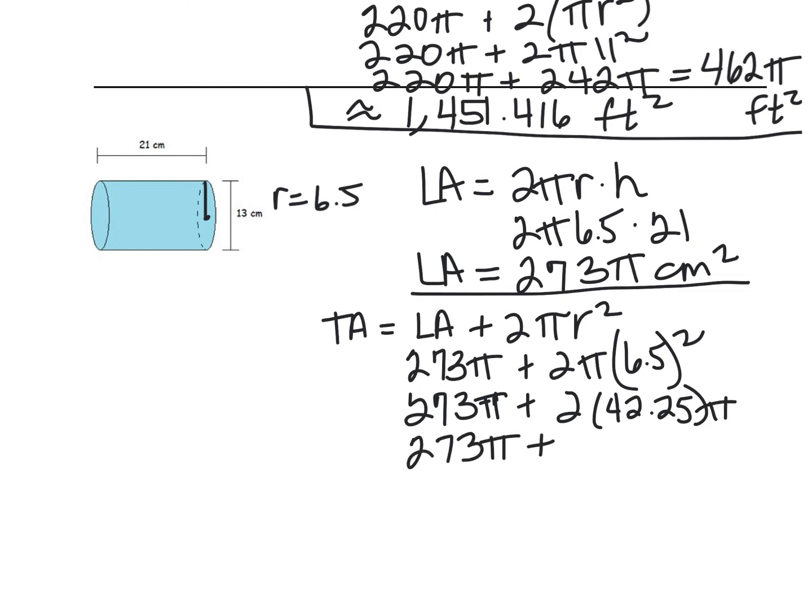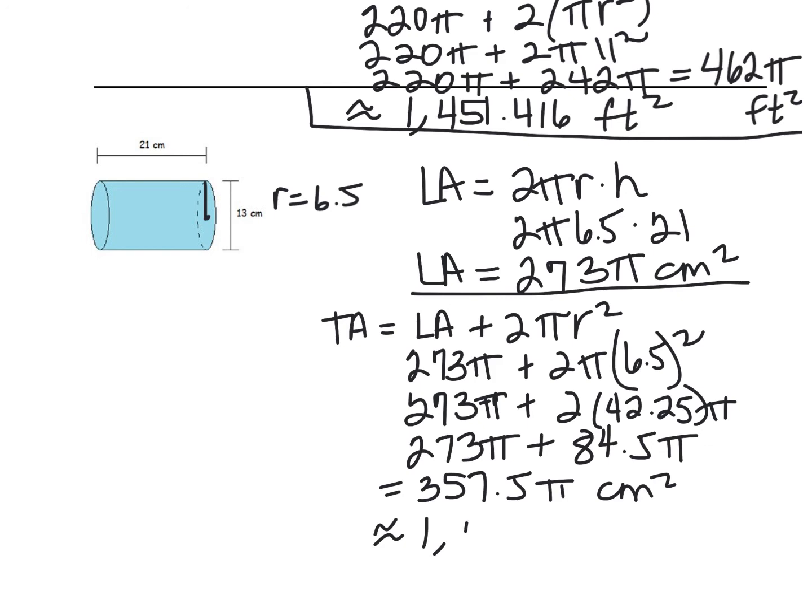So that's 84.5 pi. That totals out to 357.5 pi centimeters squared, and that's approximately 1,123.119 centimeters squared.